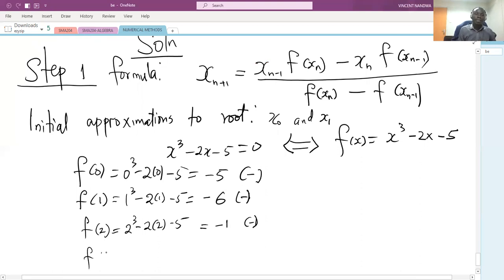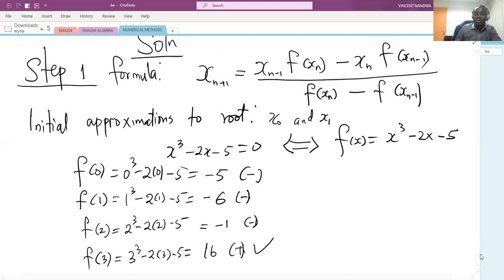If we try 3, then we have 3 cubed minus 2 times 3 minus 5. That gives us 16. This is positive, so we are sure that the root lies between 2 and 3.